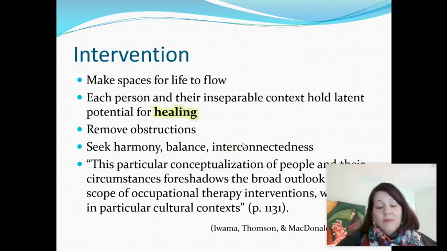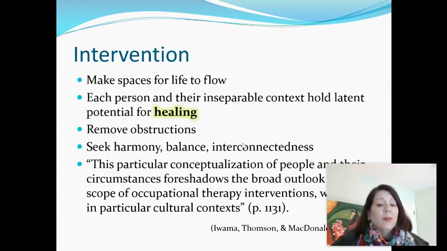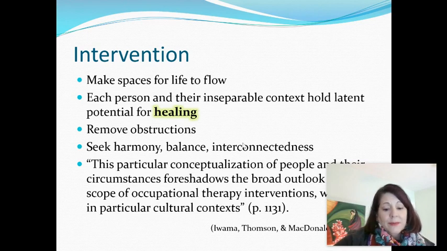With intervention, the guideline that we're given is that we are simply making spaces for life's flow. Each person and their inseparable context hold latent potential for healing. So that's a huge belief of this model, that everyone has capacity for healing. And if we work with that person to remove the obstructions and to seek that harmony, balance, and interconnectedness, we can get to that place of health with them.